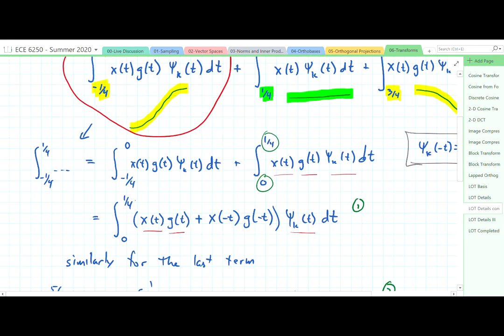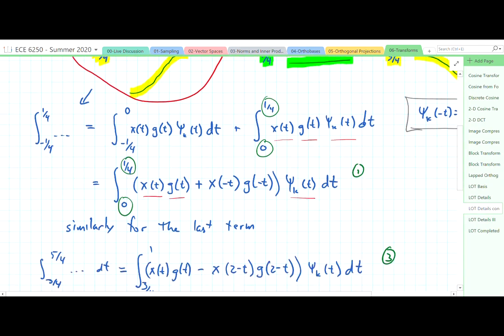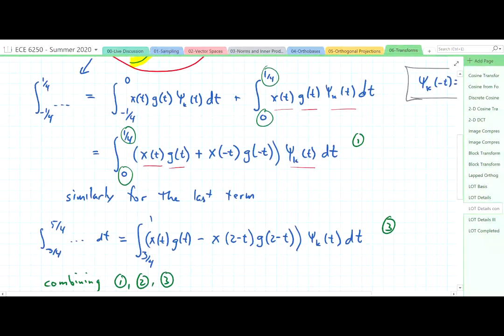And now we have the same interval, namely 0 to 1/4. This is good. The more we can do to get things into the 0 to 1 interval that we are comfortable dealing with, perhaps the easier things will get.